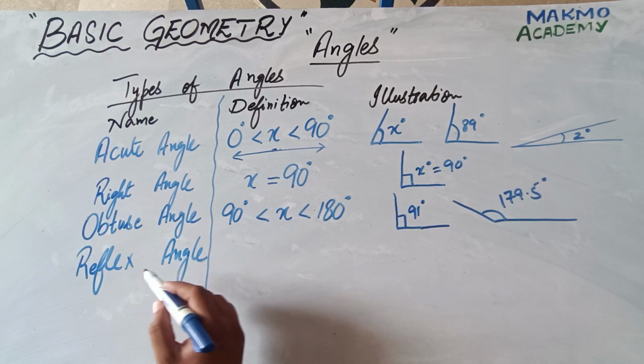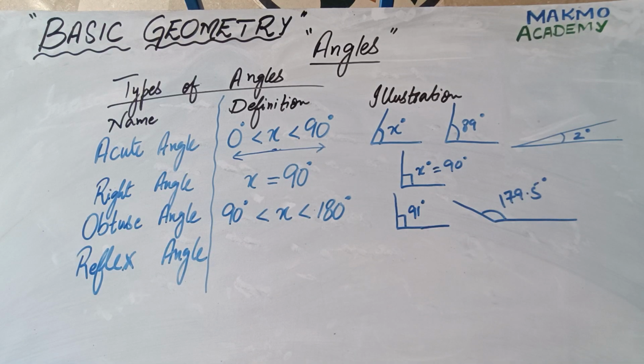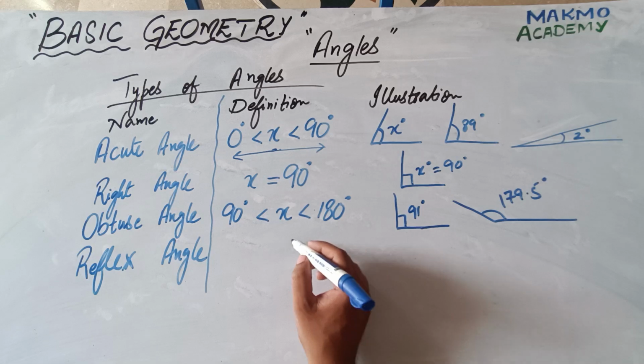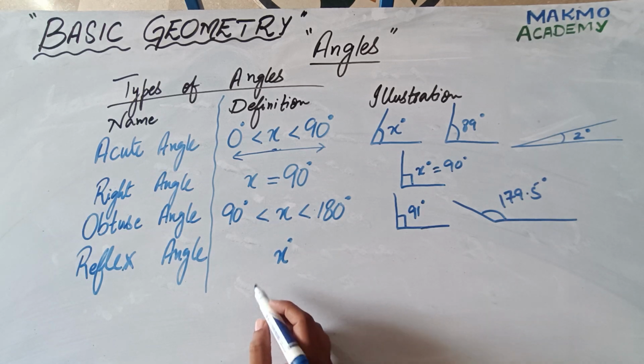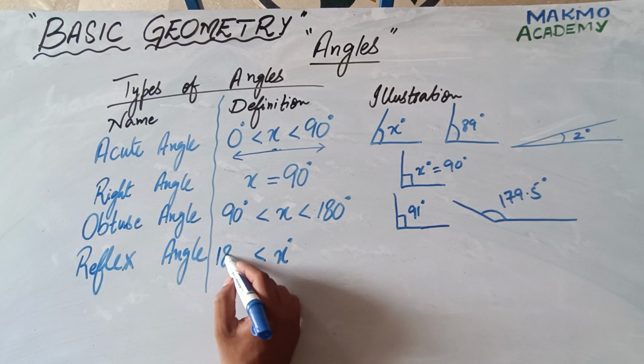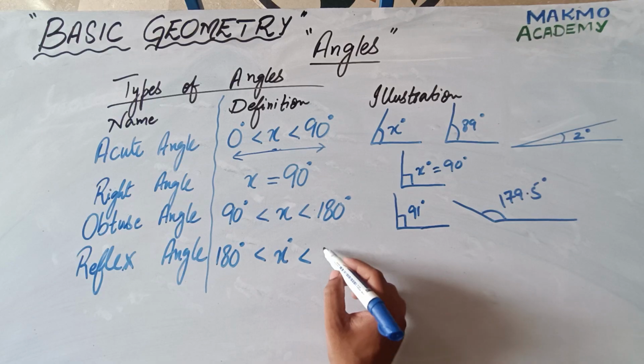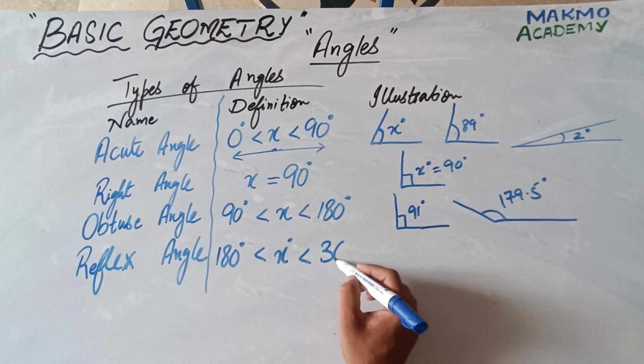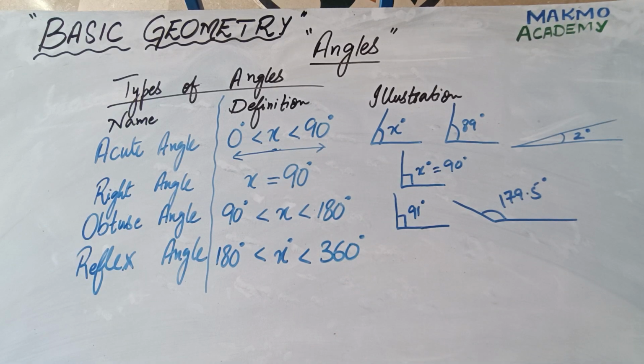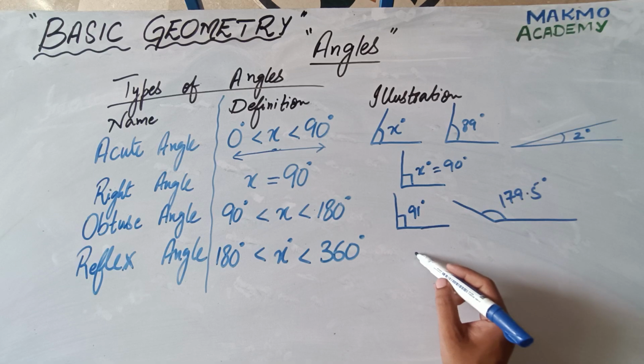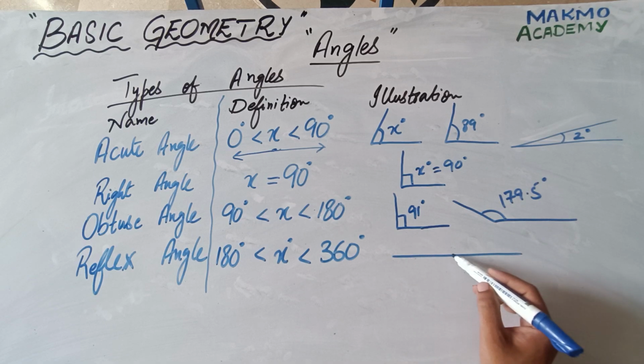Reflex angle. In a reflex angle, the size of x should be greater than 180 and lesser than 360 degrees. 180 means a straight line.